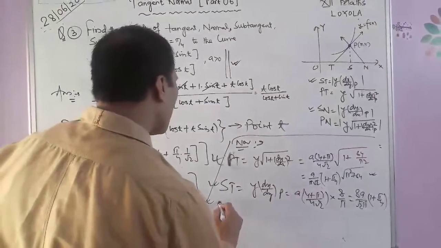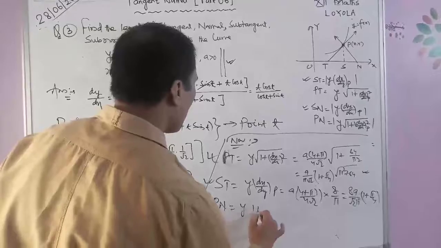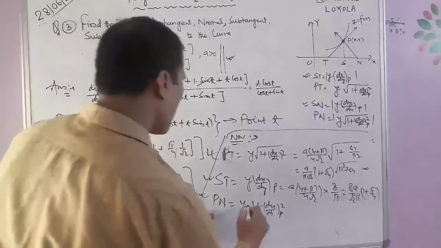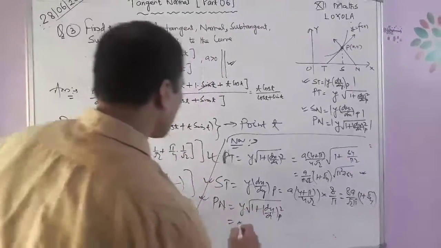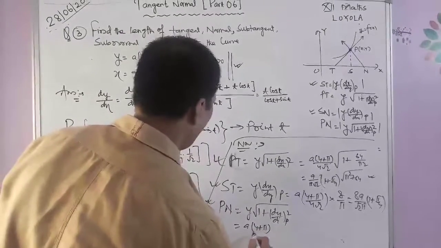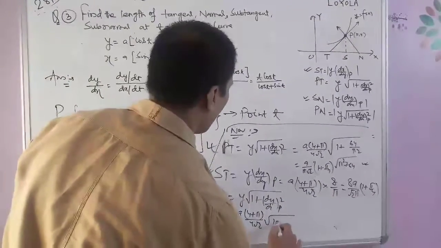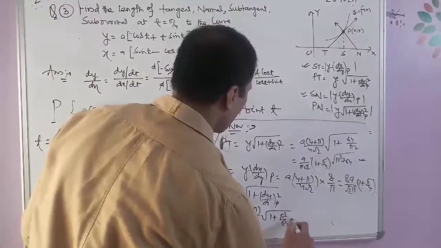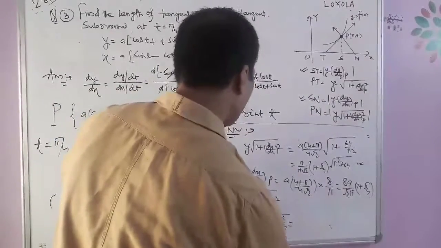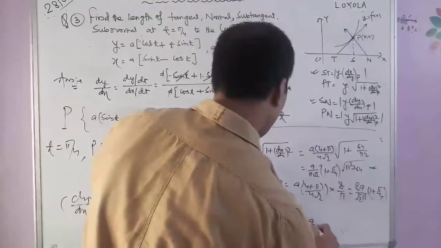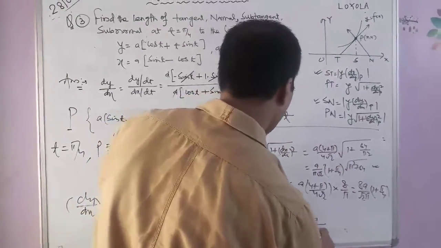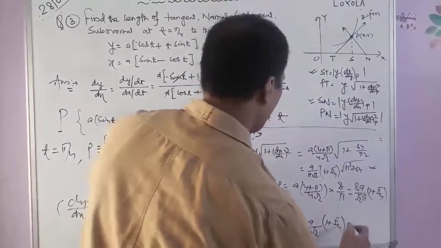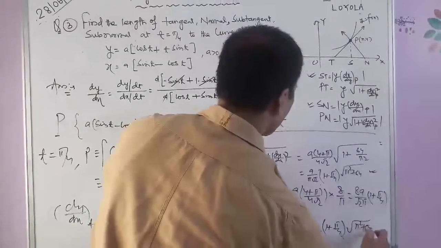Similarly, the length of normal, that is PN, is |y| times the square root of 1 + (dy/dx)^2 at point P. Here y means a(4 + pi)/(4 root 2) times the square root of 1 + pi^2/64, that is a/(8 root 2) times (1 + pi/4) times the square root of (pi^2 + 64).